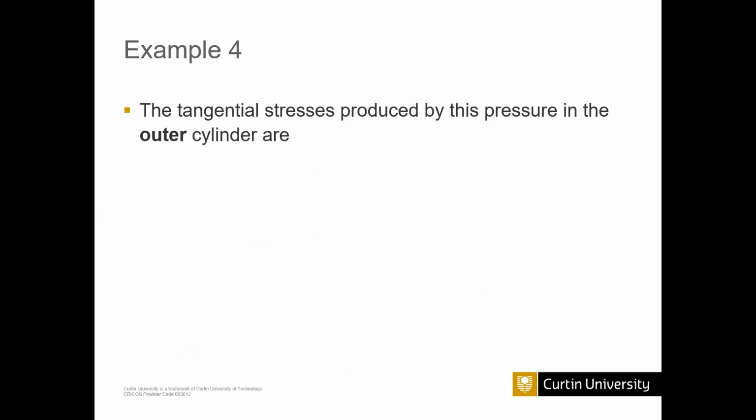Then the tangential stress produced by this pressure in the outer cylinder. The outer cylinder will be trying to expand due to the inner cylinder. So it is internally pressurized. It will push outside due to the inner cylinder. Then you need to use the internally pressurized non-rotating cylinder equation.